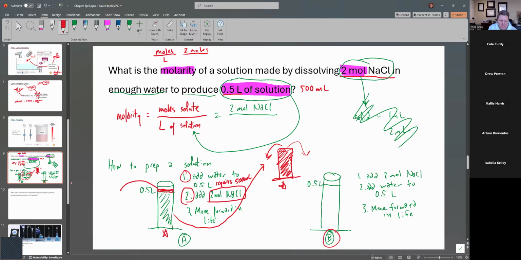So then we're looking at like 505 milliliters of solution.